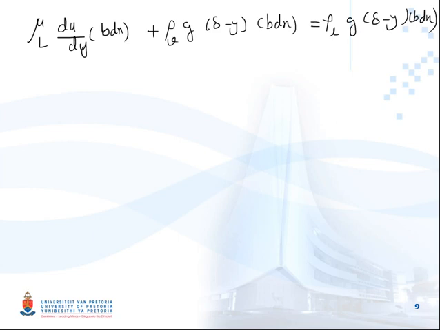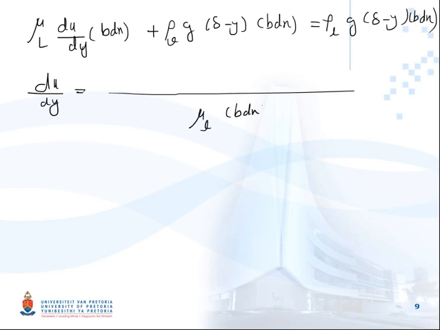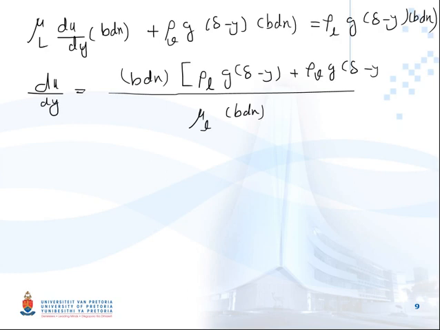So let's say we want to find du/dy. If I put everything aside, it will be mu L b dx, and if I put this on the other side, we have b dx, rho L g (delta minus y) plus rho v g (delta minus y).